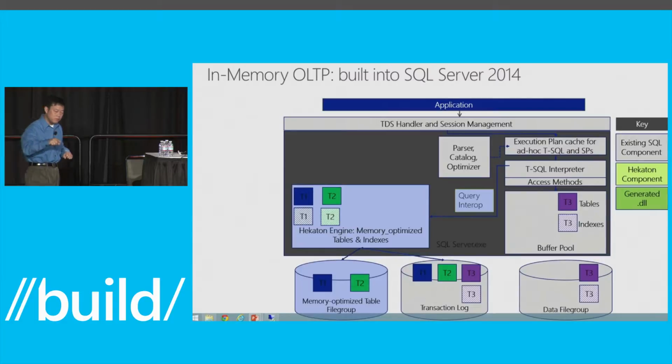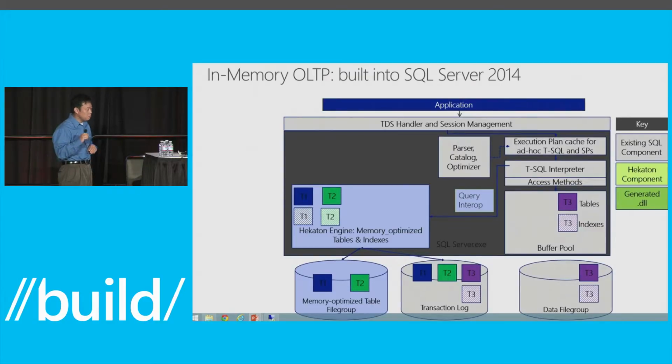So what we're trying to do here is called query interop. Essentially, you treat the in-memory tables just as if they were regular SQL tables, no difference. You just insert, delete, update, whatever you want to do, as if they're regular tables. So this is essentially combining the existing SQL Server relational engine with the new storage engine. We kind of did a cross-shimming together, right?